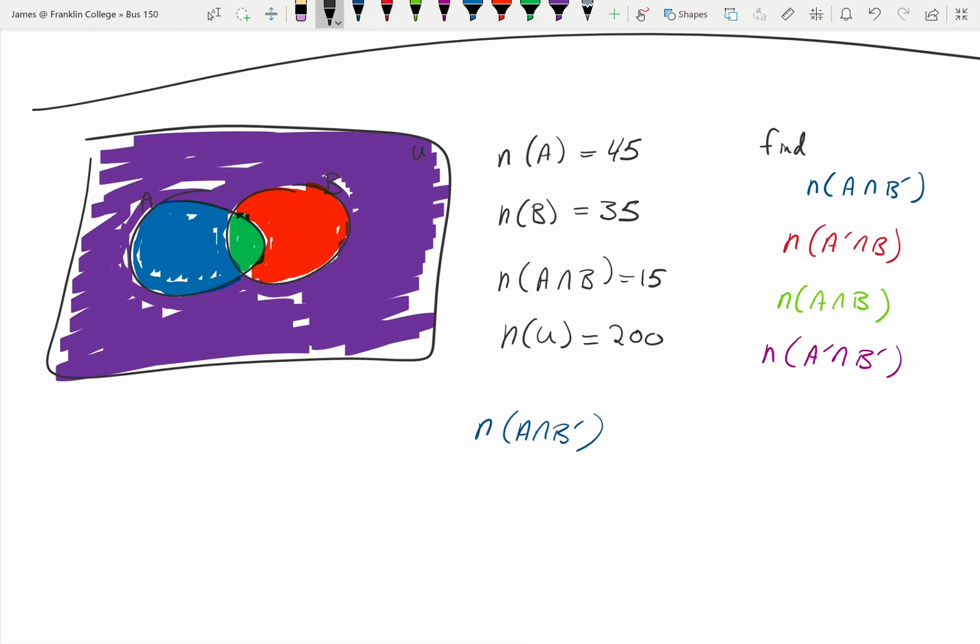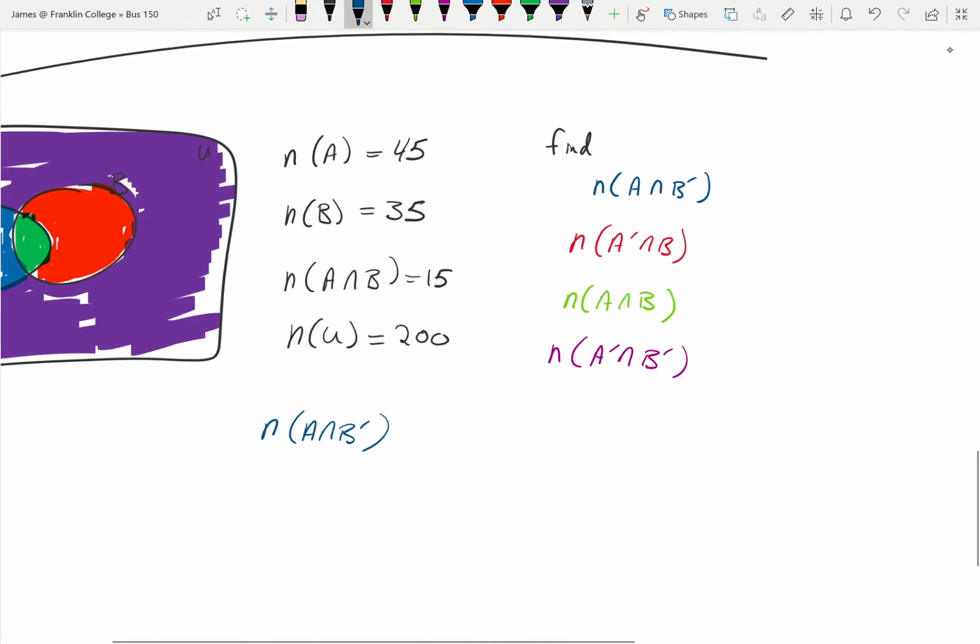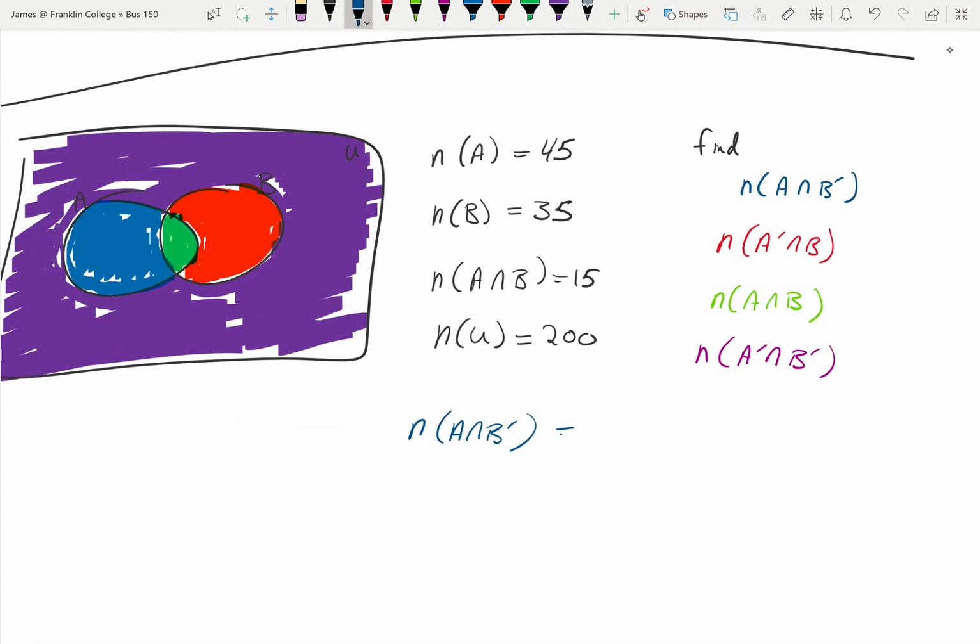That is all of A minus the intersection of A and B. So we know that this will equal the number of elements that's in A minus the number of elements that's in A intersect B. And we know that the number of elements in A is 45, and the number of elements that's in the intersection is just 15. So 45 minus 15 is 30.